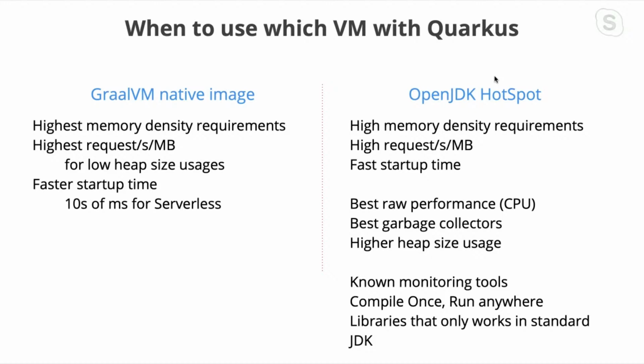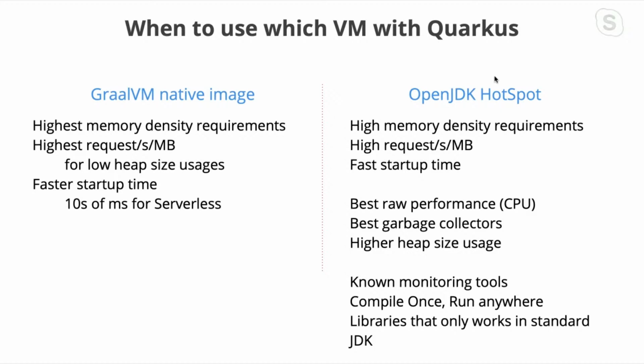Now, when to use which kind of mode? Quarkus will run in JVM mode as well as with GraalVM. When you have GraalVM, you are doing a native compilation, and you're looking at a lower heap size. If you have an application that's only 32 megs, as an example, then you're not looking at areas where you might want to do garbage collection or run it for extremely long times.